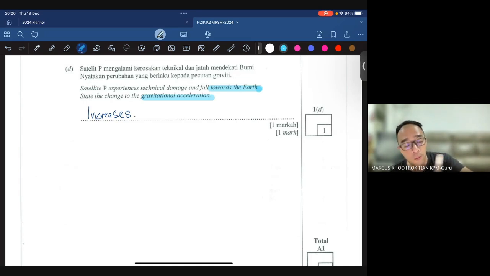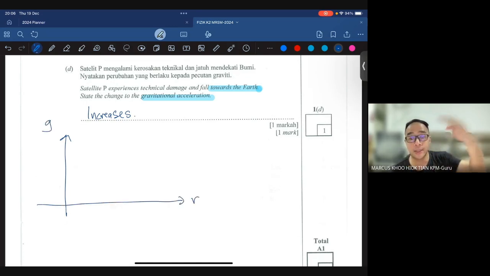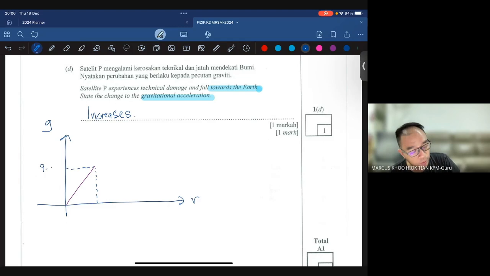So we have to go back to the graph, if you remember the graph of the gravitational acceleration over the distance from the center of the Earth. The shape of the graph first is a straight line like this, and then at a certain level it reaches 9.81. After that, as it goes further and further away from Earth, this is obviously R, R is this.